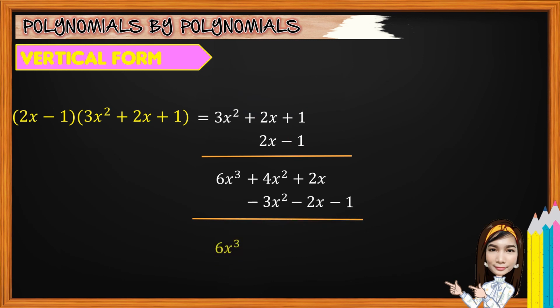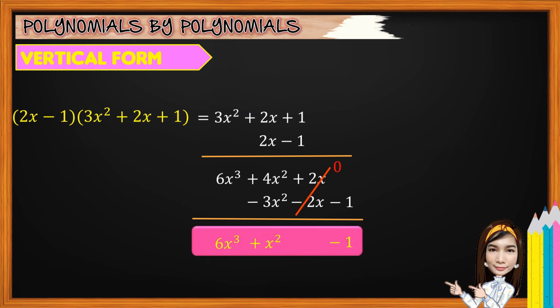So bring down 6x cubed, then add. Unlike sign, we are going to subtract, then follow the sign of the larger absolute value. So the result is positive 1x squared. And no need to write 1. Then 2x plus negative 2x, that is equal to 0. Then bring down negative 1. So the product is 6x cubed plus x squared minus 1.